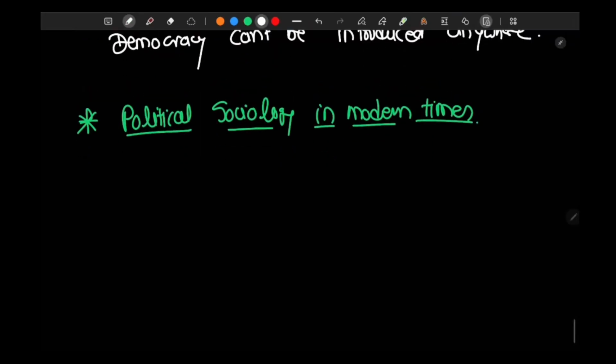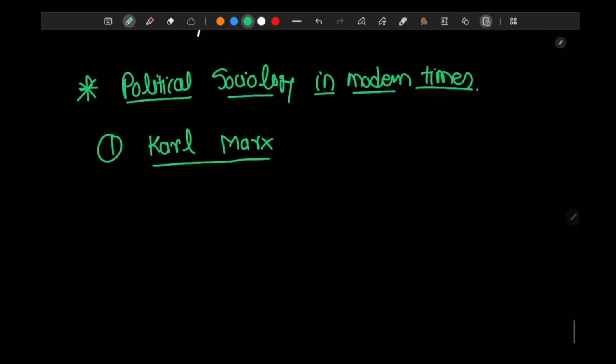Of course, Karl Marx is there. Karl Marx gives the base-superstructure model of society. He mentions classes and class struggle as well.